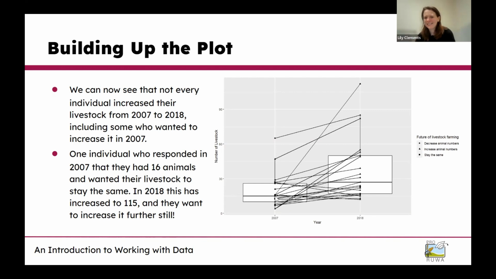However, in 2018, this has skyrocketed, and they're the individual that's all the way up here and says that they now have 115 livestock. So something happened in that 10-year period and that person changed their mind. And not only that, but they've actually now are saying that they want to increase it still.